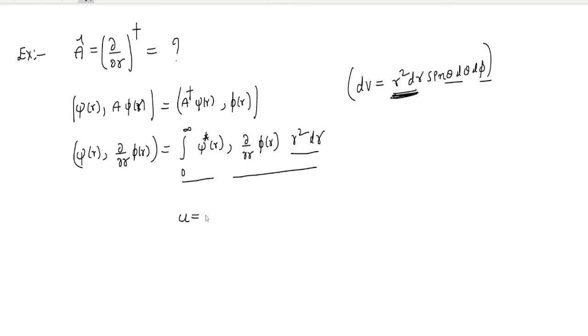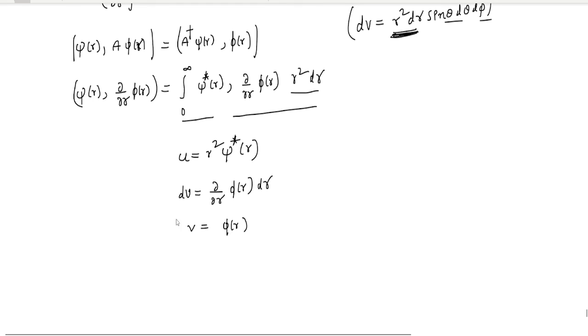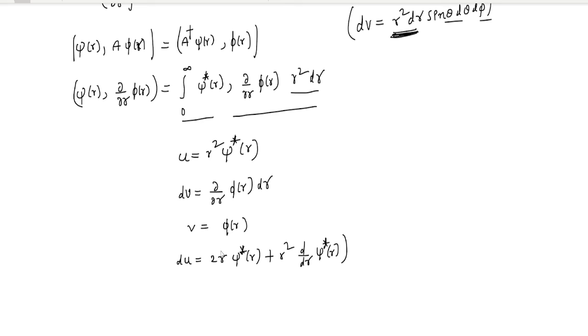Let us take u equal to r² ψ*(r), and dv equal to ∂/∂r φ(r) dr. Then v equals φ(r), and du equals 2r ψ*(r) plus r² d/dr ψ*(r) times dr.